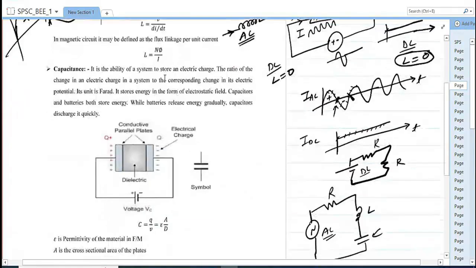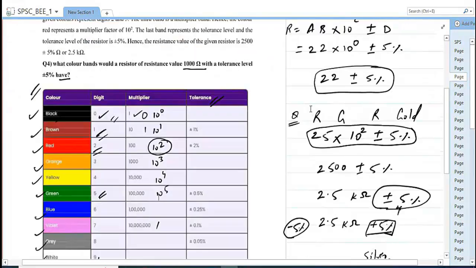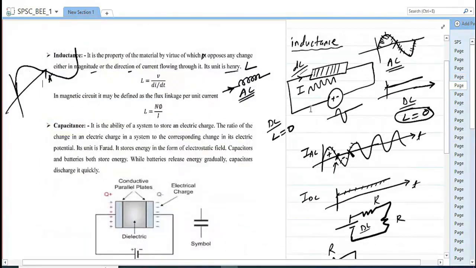What was happening earlier? This was the material, and we were giving it some current.